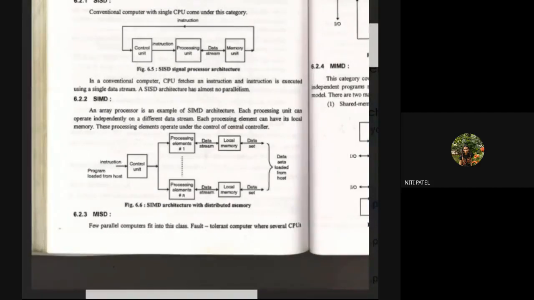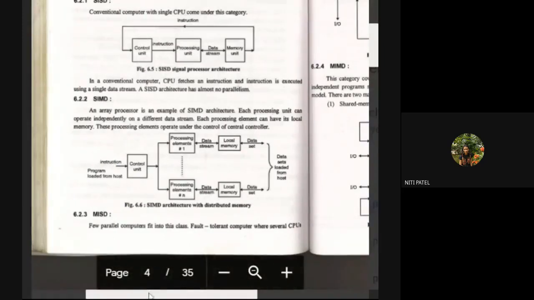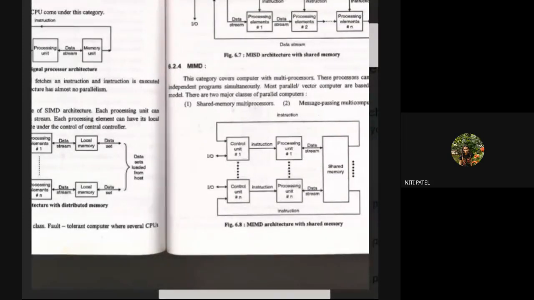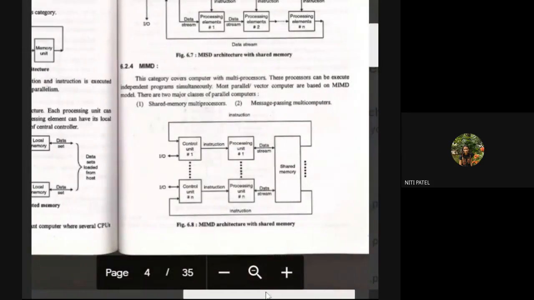Up till the execution, the process was faster, but storing into the memory and output was a little delayed. To overcome all the problems in the previous three classifications, we started using MIMD, where I am executing multiple instructions on multiple data streams, which is making my processor and the core of the processor much faster. Therefore, it is called multiprocessors.